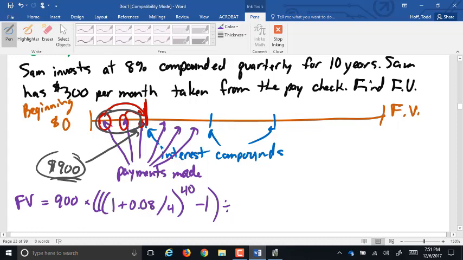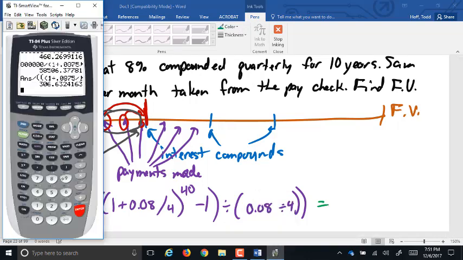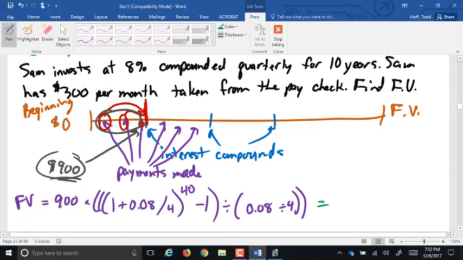So it is 1 plus 0.08 divided by 4 because it's quarterly, to the power of 40 because it's 4 times a year times 10 years, minus 1, divided by 0.08 divided by 4, close and close. Comes out to be a future value of $54,361.78.